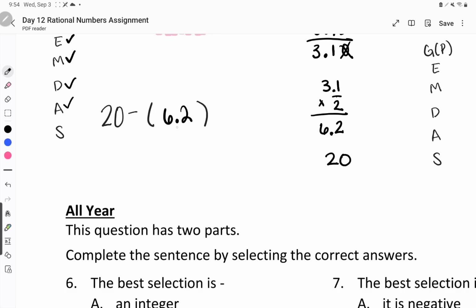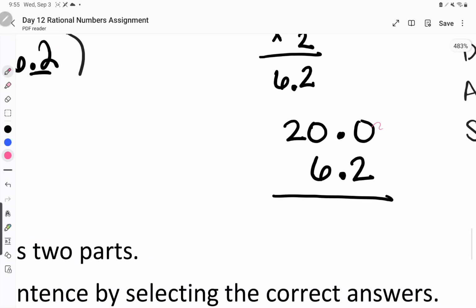Well, when we look at 6.2, 6.2 has a decimal, and 20 does not. So I'm going to put a decimal on the end of my 20. And then I have 6.2. That means I got to add a 0 right there. This 0 right here will turn into a 10, and then this 0 will turn into a 9. So we'll have 10 minus 2, which gives us 8. 9 minus 6, which gives us 3.